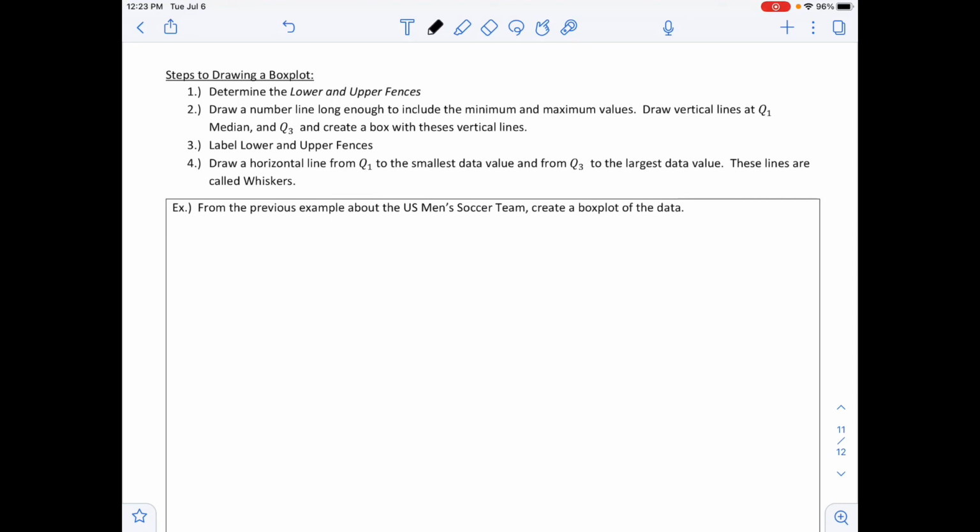We put vertical lines in for Q1, the median, and Q3. Then we make a box that connects Q1 to Q3 with our median in the middle, and then extend out the whiskers to our minimum value and also to our maximum value. This is how to create a box plot.